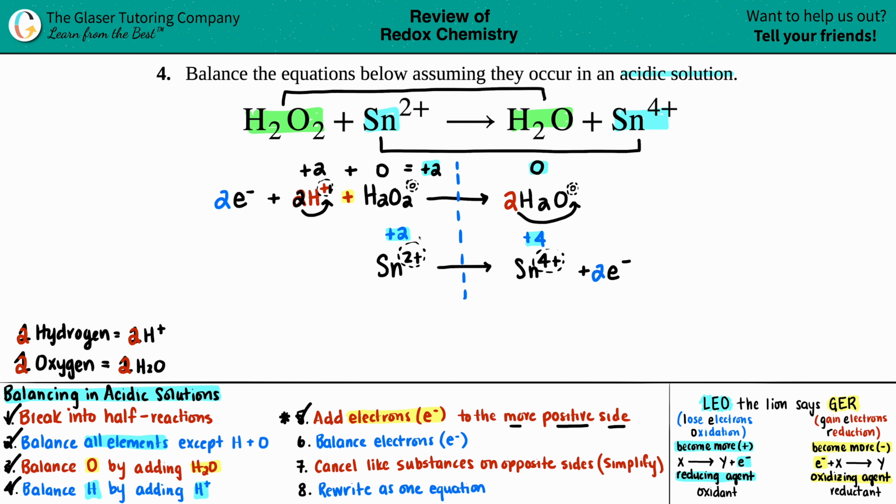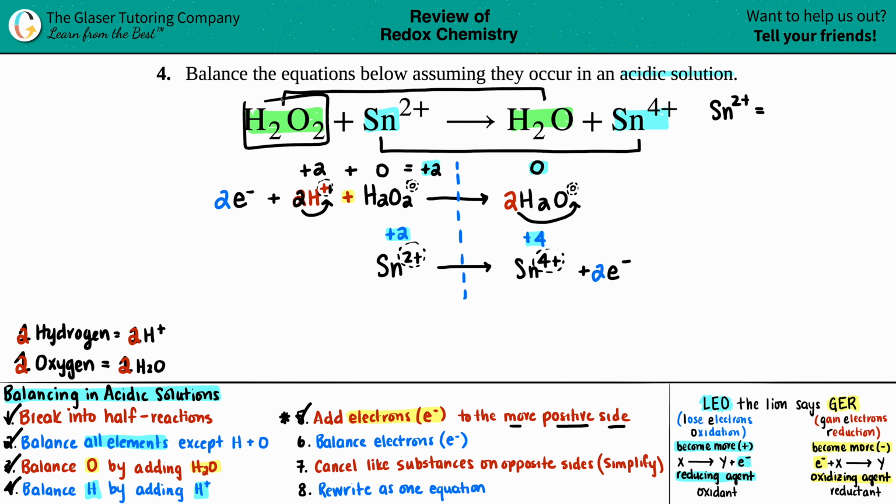So whoever you started with, that's your oxidant. So Sn2+, we can just say over here that Sn2+, and you always say the one that you started with. Your products are never going to be your oxidant or reductant, your reducing agent or your oxidizing agent. It's always your starting guys.